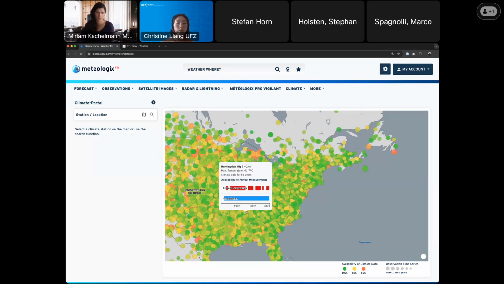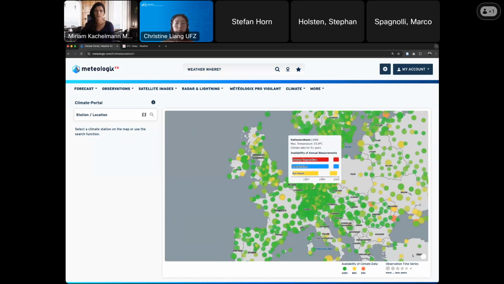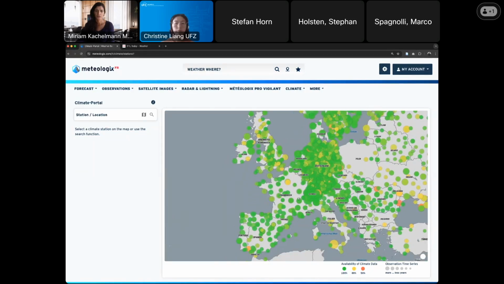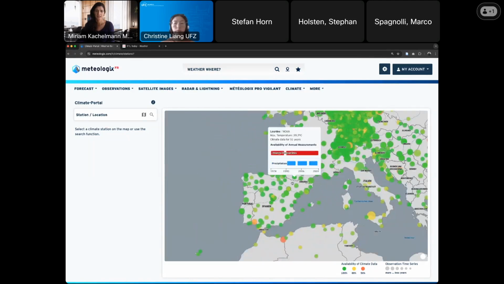So for whatever reason, it was discontinued in between and then picked up again. And in Germany, we also have the sunshine duration, as I said, that is measured. And what you can do is zoom in, and as I said, this is the beginning.